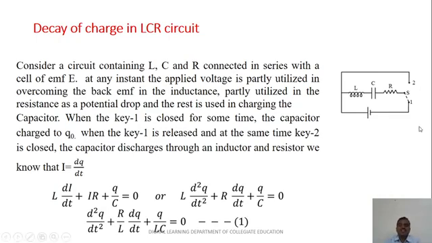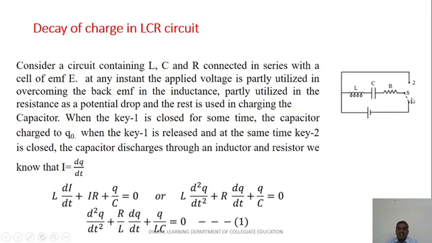The circuit consists of an inductor L, capacitor C and resistor R, all connected in series with a battery of EMF E and two keys 1 and 2. At any instant, the applied voltage is partially utilized in overcoming the back EMF in the inductance, partially utilized in the resistance as a potential drop, and the rest is used in charging the capacitor.